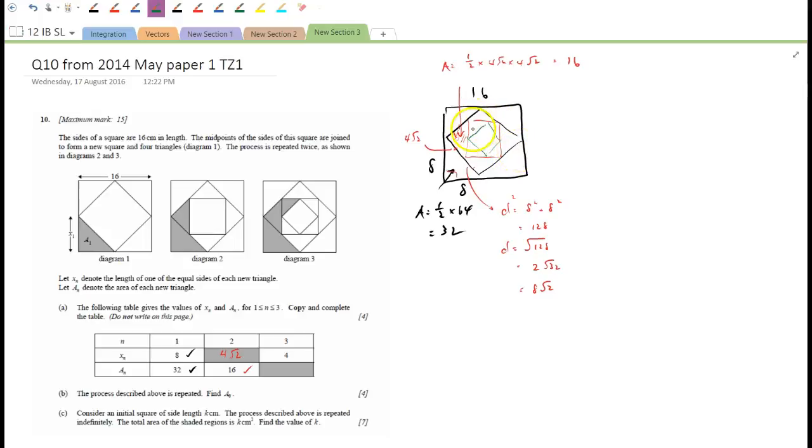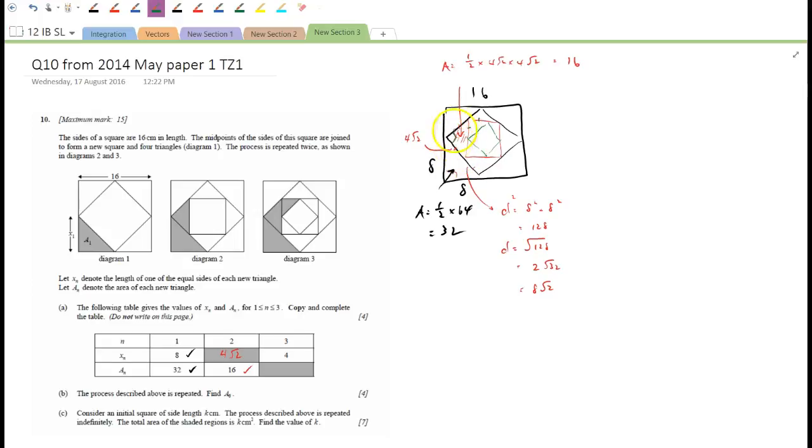Now what are these lengths equal to, and what is my area? So what I want is my distance here. This has been halved to 4 root 2, 4 root 2, so I want this length here. If I have that length here, half of it should be 4. So let's get this length here, which is again a Pythagoras exercise.